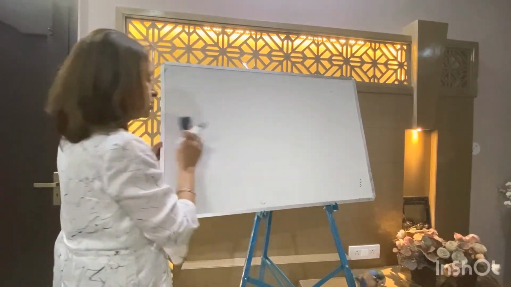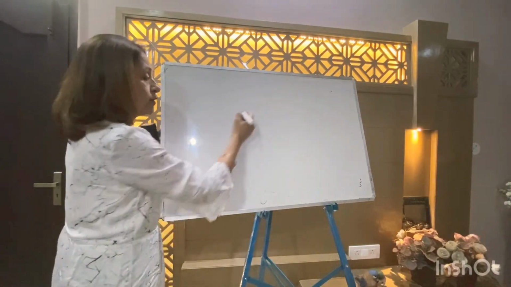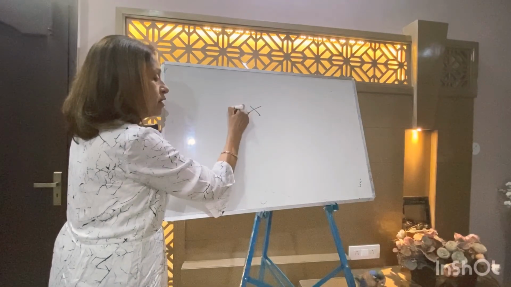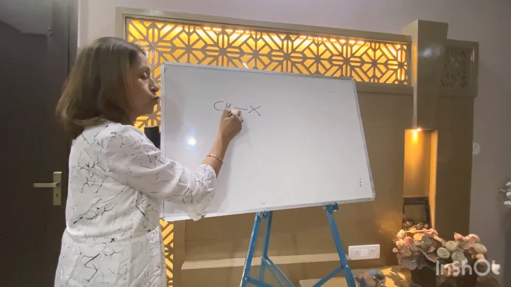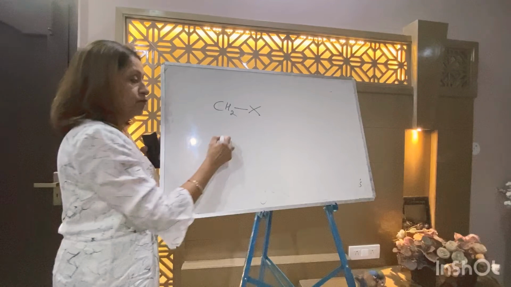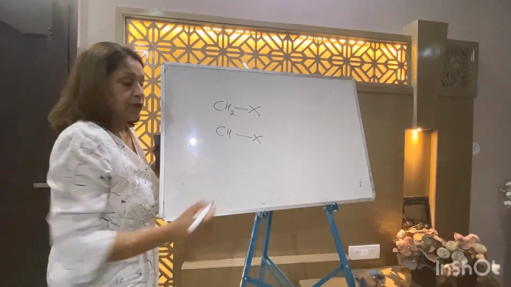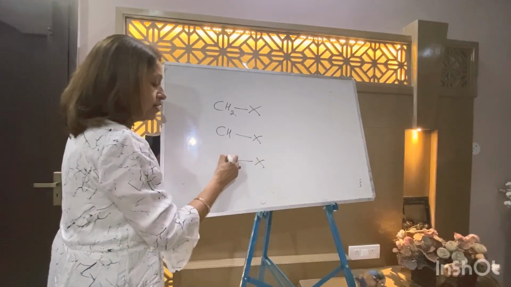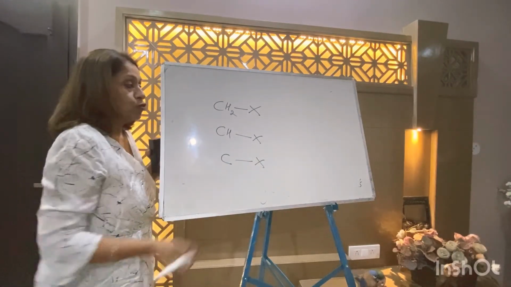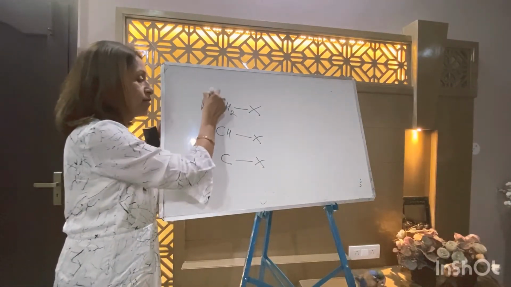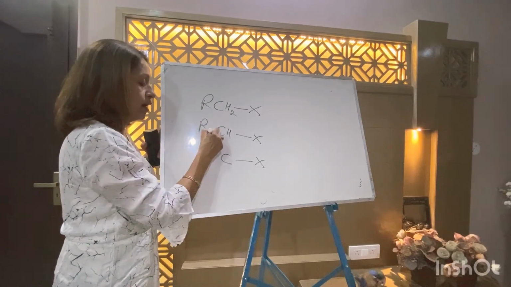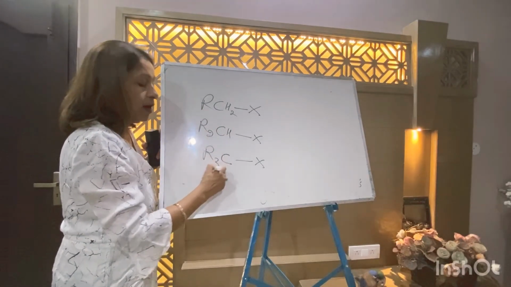Let us start. Again, a new thing. If the functional group is attached with CH2, if the functional group is attached with CH, if the functional group is attached with the C, to complete the valency, 1 R will come, here 2 R will come, here 3 R will come.